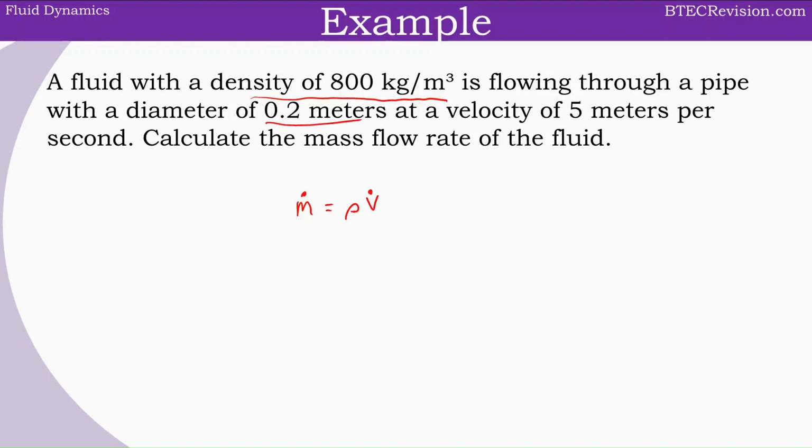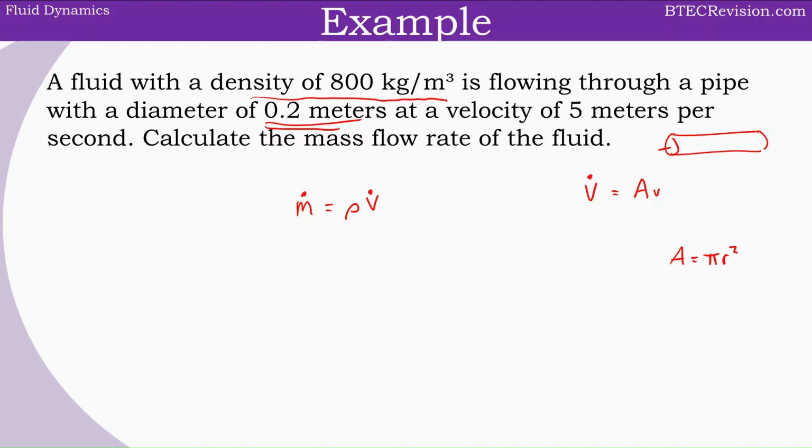And we need to work out the volumetric flow rate first, which, if we remember, equals the area times the velocity. We have the diameter, and it's a pipe, so we'll assume a cylindrical pipe, therefore the area is going to be pi r squared. So we'll have to calculate that first. Area equals pi r squared.